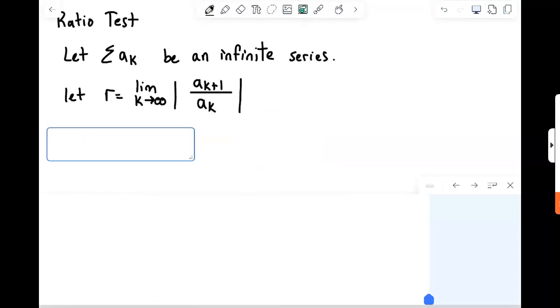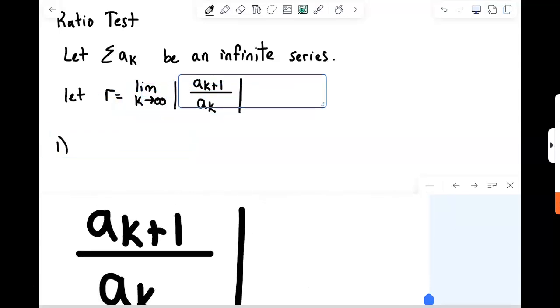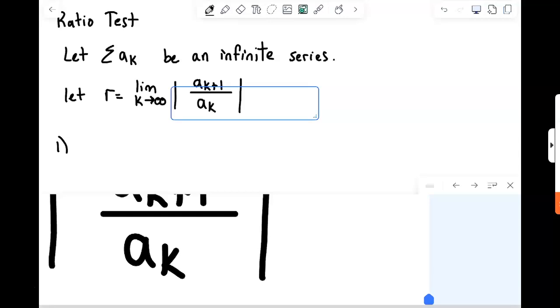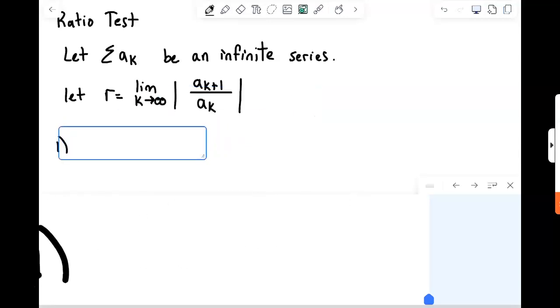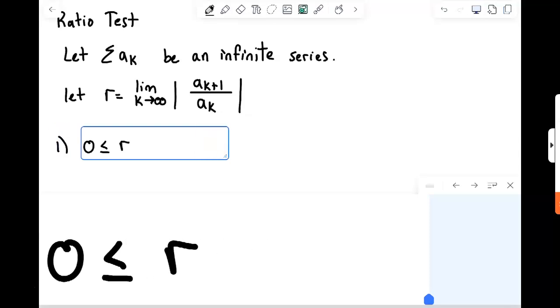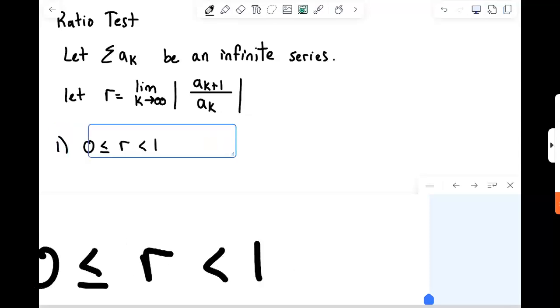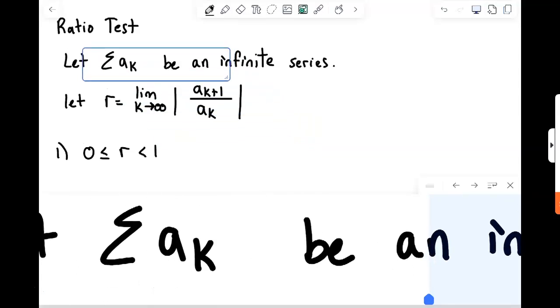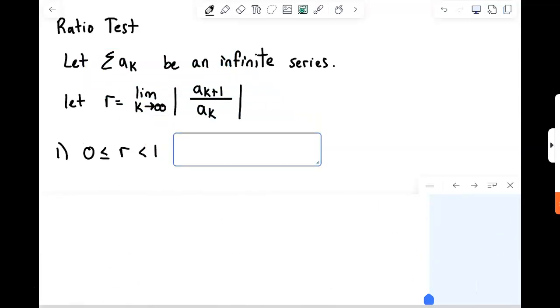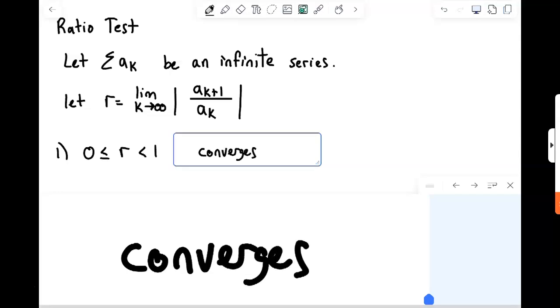If that ratio as k goes to infinity of the next term divided by the previous term turns out to be a number that falls between 0 and 1, then we're able to say that the original series converges.